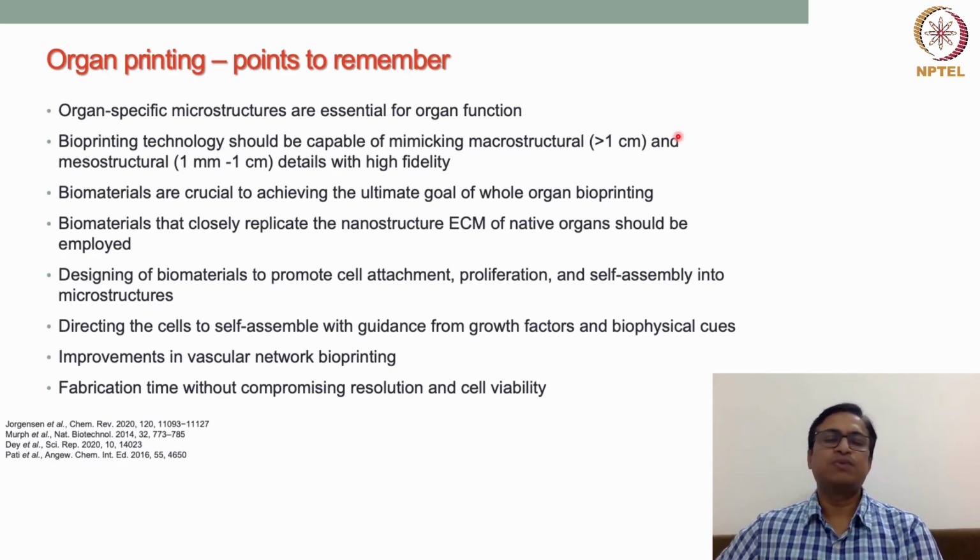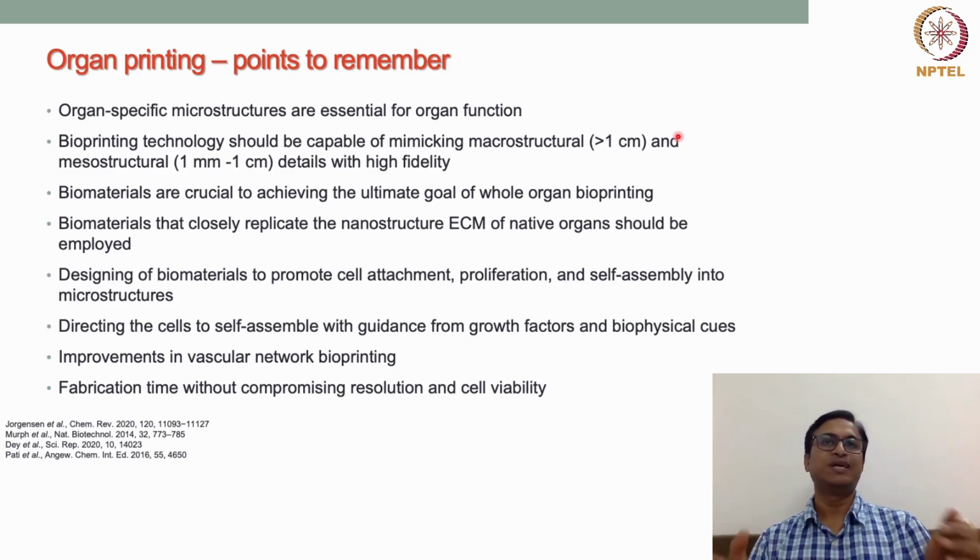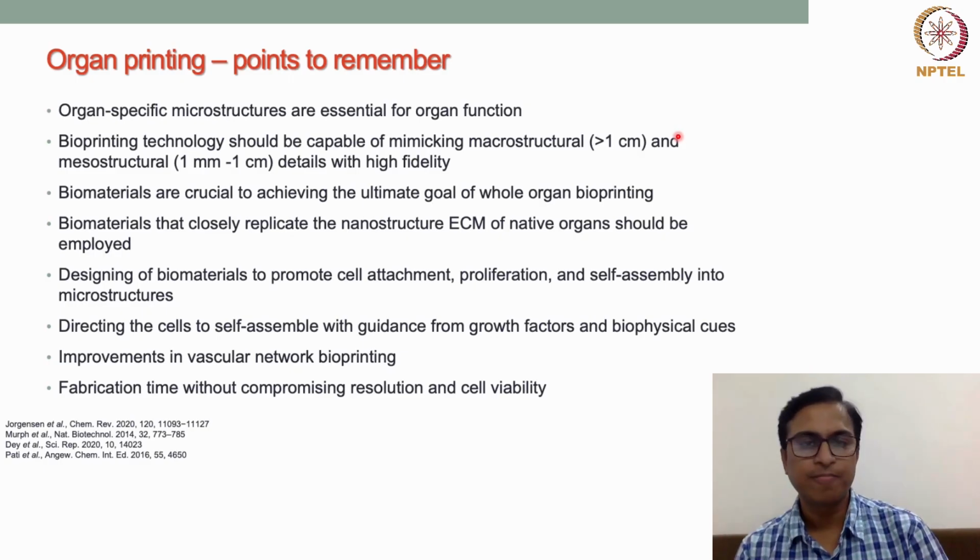Now, the bioprinting technology we use should be capable of mimicking the macrostructural and mesostructural details with high fidelity. That means the bioprinting technology should have the capability to print the microstructural or macrostructural detail of that particular tissue, from millimeter to centimeter scale, right?